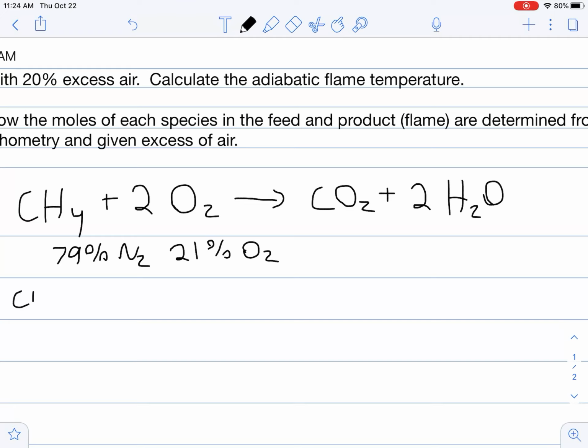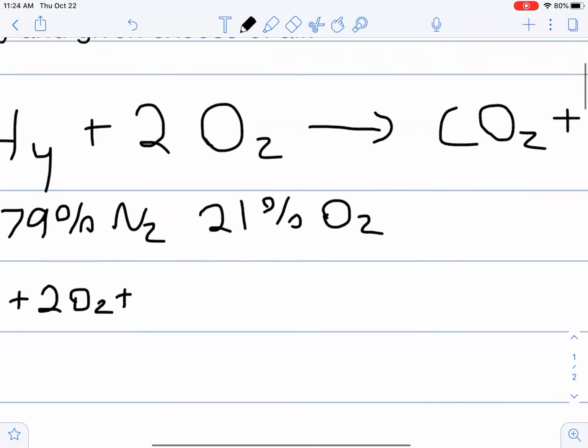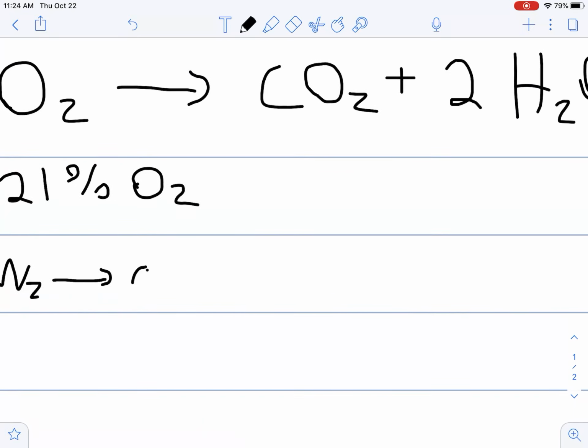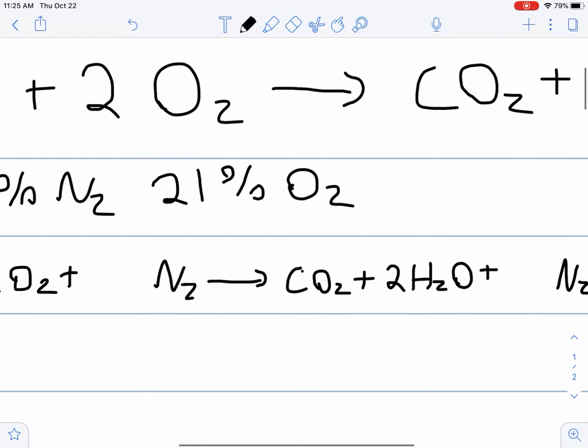We have CH4, our methane, reacts with 2 moles of oxygen, so 2O2, but along with those 2 moles of oxygen, we also have some amount of nitrogen, N2, and that reacts to produce 1 mole of carbon dioxide, CO2, 2 moles of water, 2H2O, and that same amount of nitrogen that we started with, so some amount of N2.